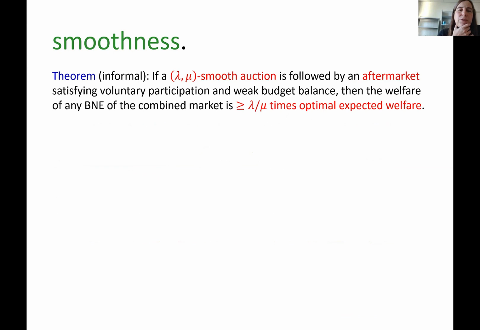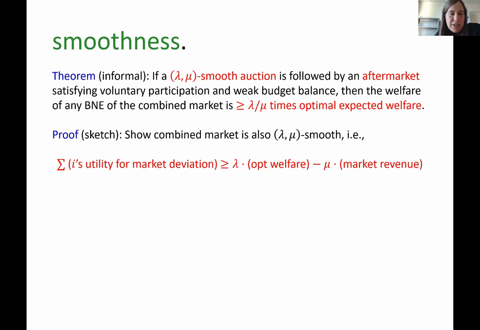So what we're able to show in this paper is that this kind of smoothness argument extends to markets in which there's an auction followed by an aftermarket, so long as that aftermarket satisfies these very weak conditions I mentioned up front of voluntary participation and weak budget bounds. And the idea is that we can use the deviations that are guaranteed by the smoothness of the primary auction to design deviations that show that the combined market satisfies the inequality I presented on the last slide.